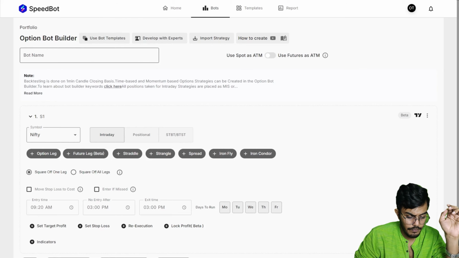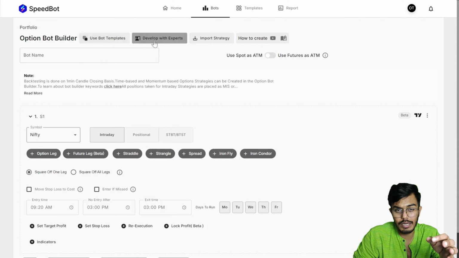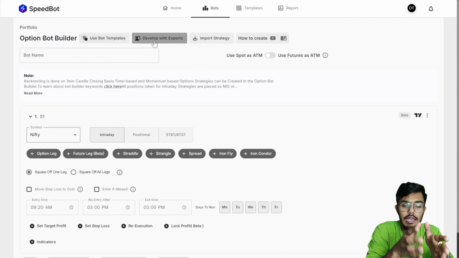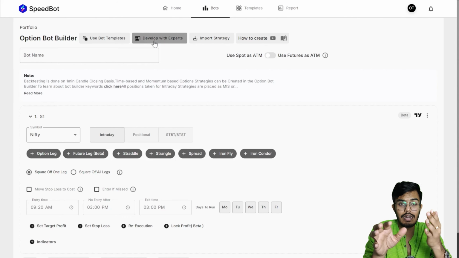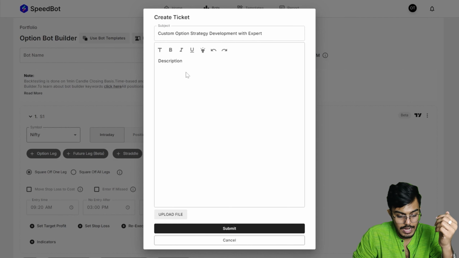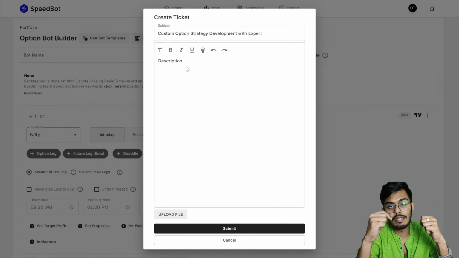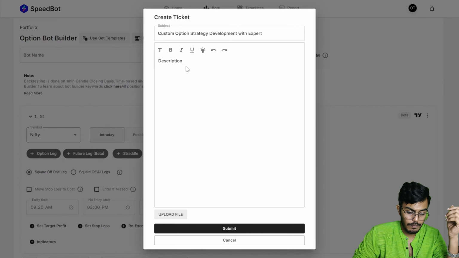Over here, you can see the button by the name Develop with Experts. This button will help you to type in your error, your issues. Along with that, you can also attach a file that will help us to understand what things you would like to add, what things you would like to create on our platform.